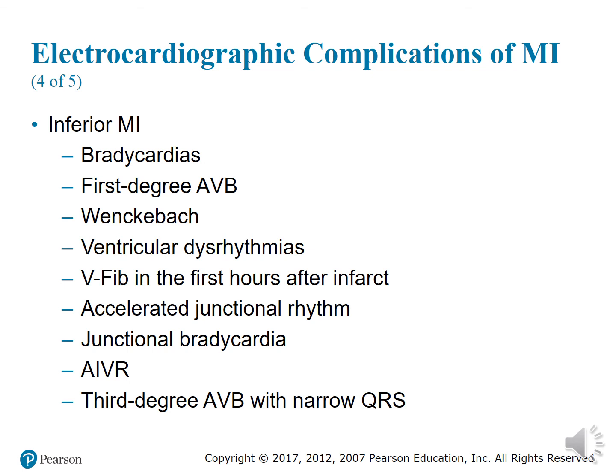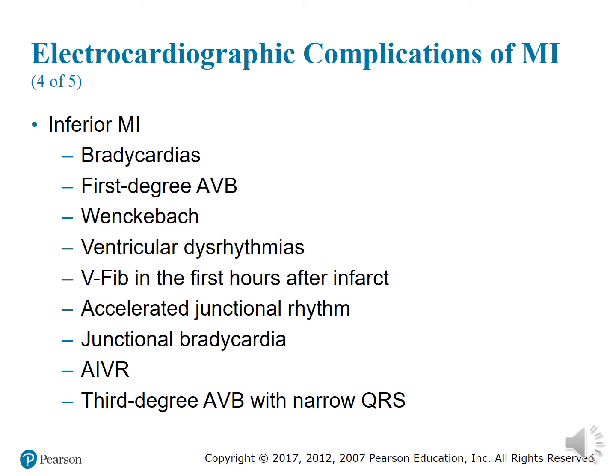Inferior MI: bradycardia, first degree AV block, Wenckebach block, ventricular dysrhythmia, VFib in the first hours after infarct, accelerated junctional rhythm, junctional bradycardia, AIVR, third degree AV block with narrow QRS.